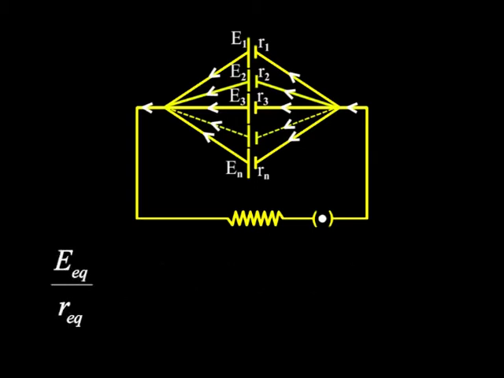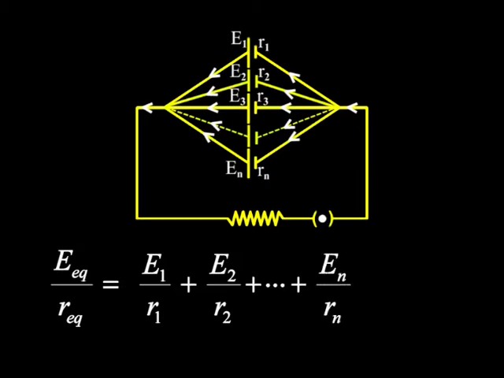And E equivalent upon R equivalent is equal to E1 upon R1 plus E2 upon R2 plus and so on to plus En upon Rn.